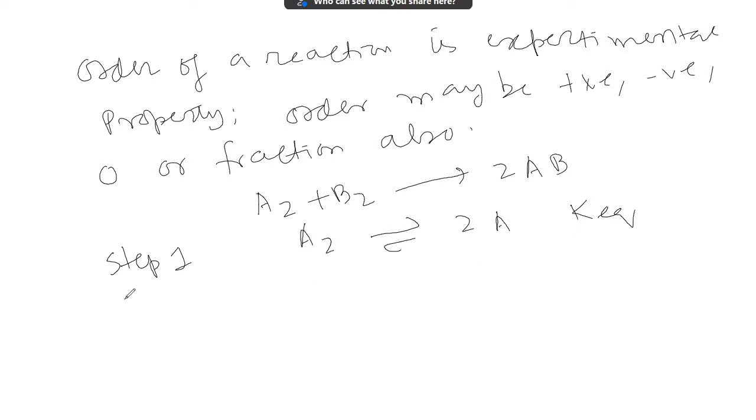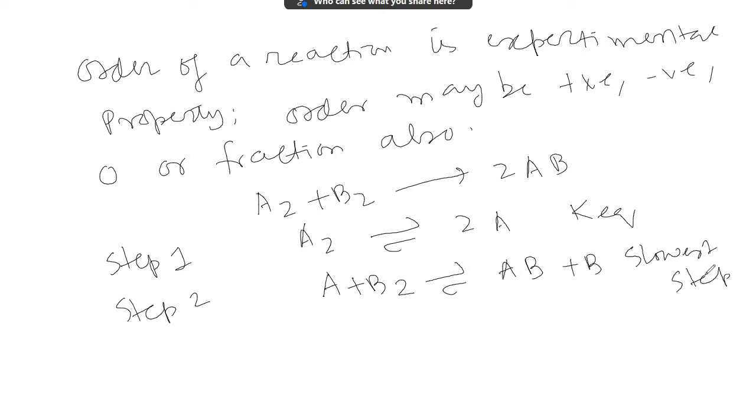Step 2, A plus B2 gives you AB plus B. This is the slowest step. Step 3, A plus B gives you AB.